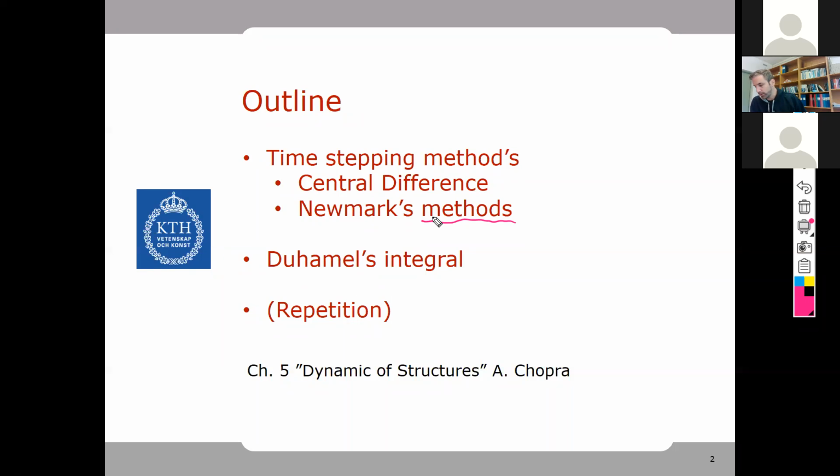But we're going to go through all of that. Then I'll mention something quickly about Duhamel's integral, the second point in the slide. And finally, a kind of reinforcement on what you have previously learned about modal shapes and what they mean. All right.